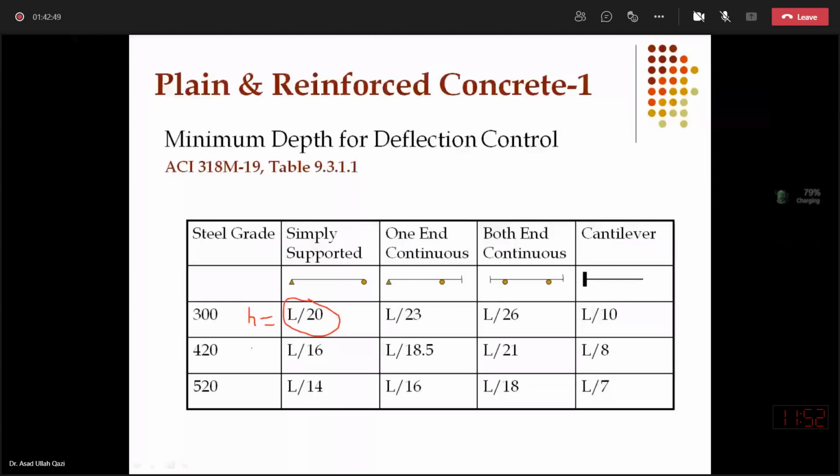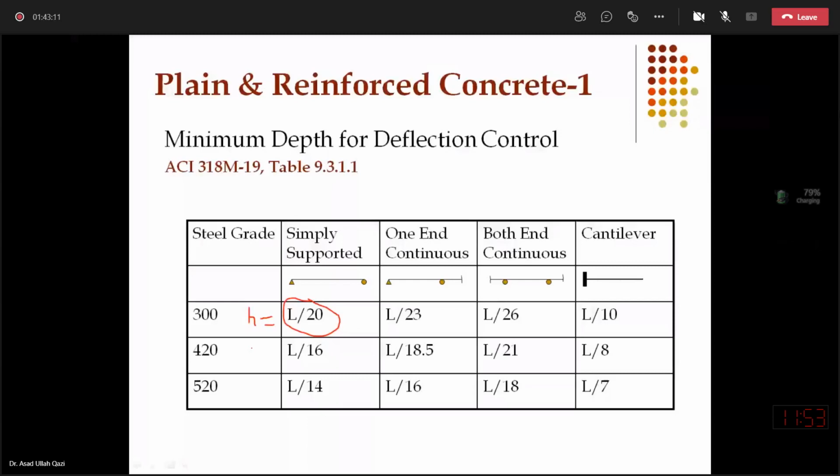However, in case of cantilever beams, to control the tip deflection, more demand is placed on H. So the heaviest H demand is for cantilever beams if we examine the H requirement against 300 grade steel.